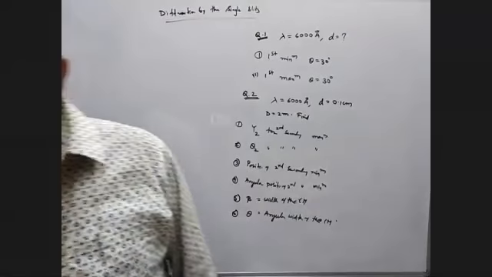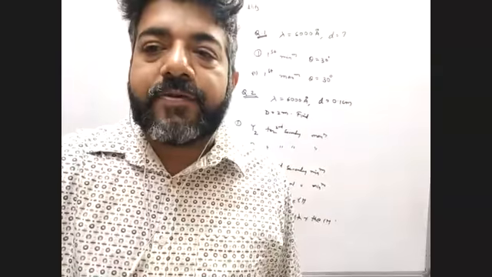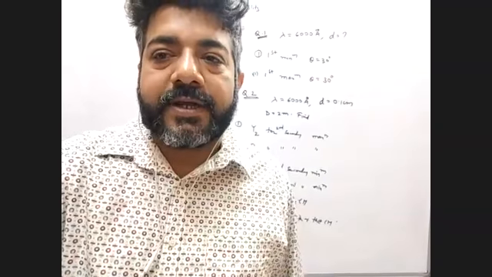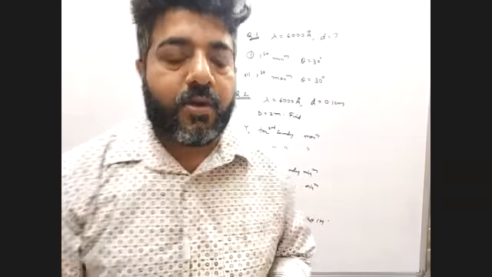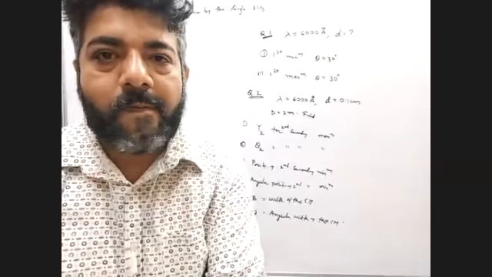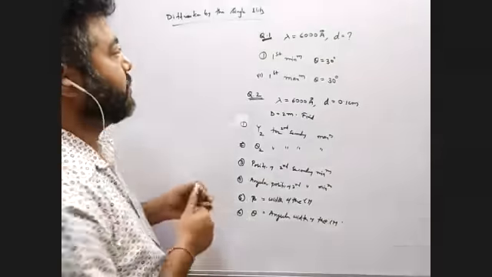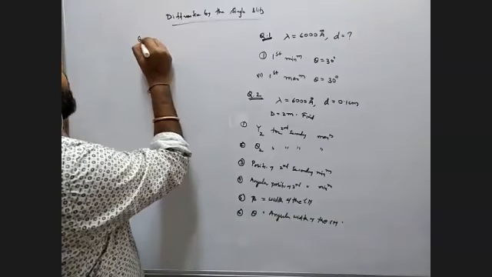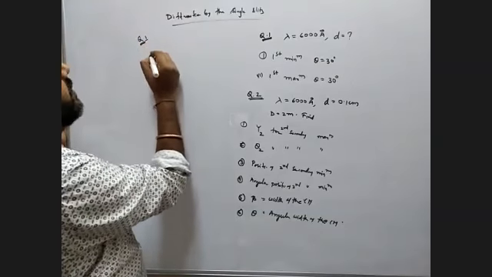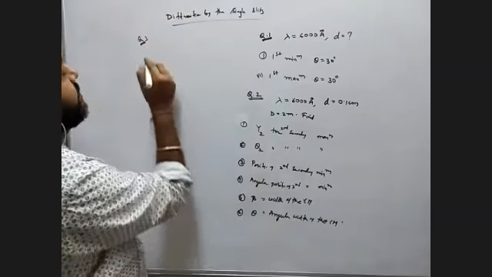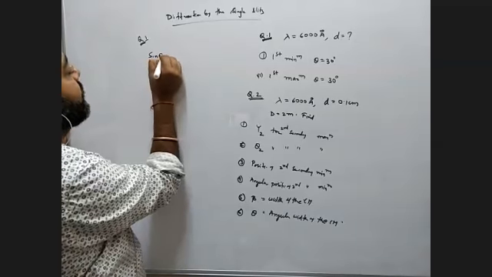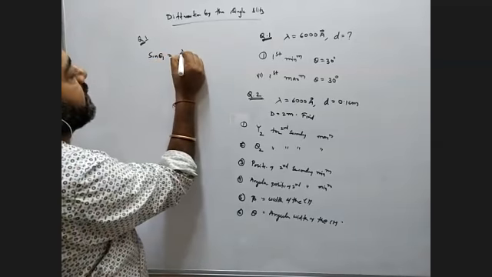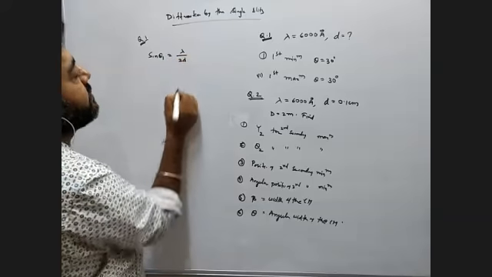So I give you 2 to 3 minutes for that. You can try this, okay? So for the question number 1, minimum. So sine theta 1 is lambda by 2d, right?